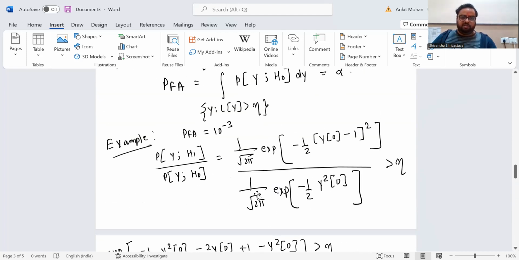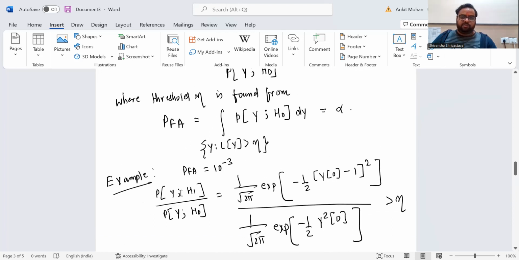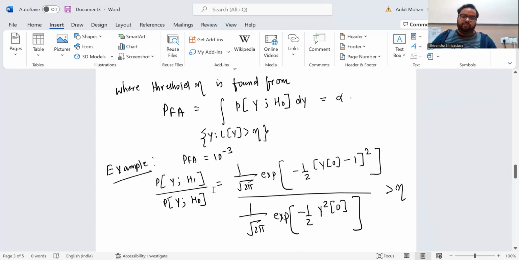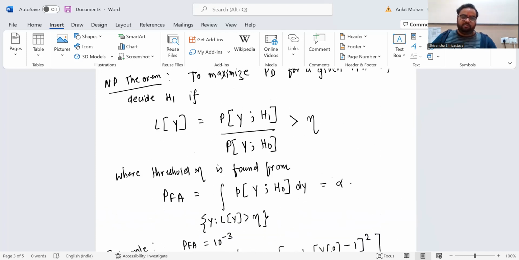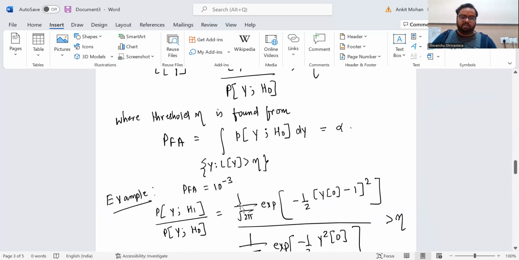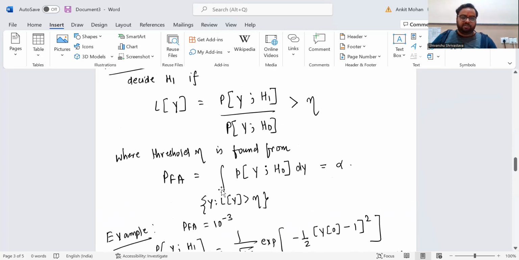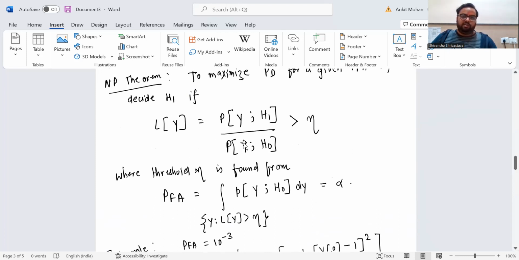It essentially has 3 steps, where we need to first fix the probability of false alarm, then we need to see the likelihood ratio. Whatever we had written in this theorem, the same steps we have followed in this example also. In the first step, we fix the probability of false alarm, and then we find out the likelihood ratio.